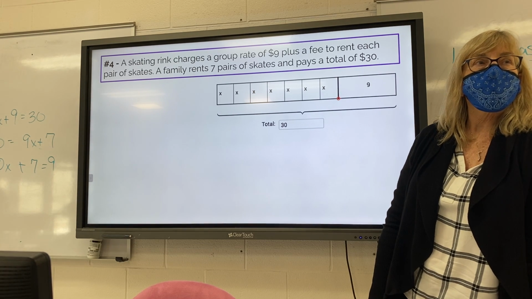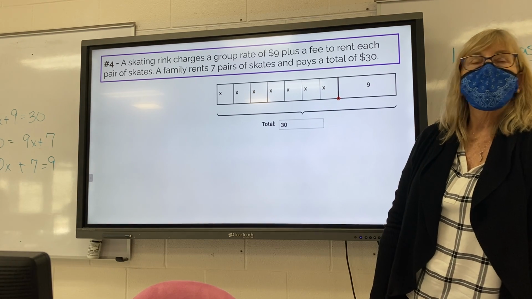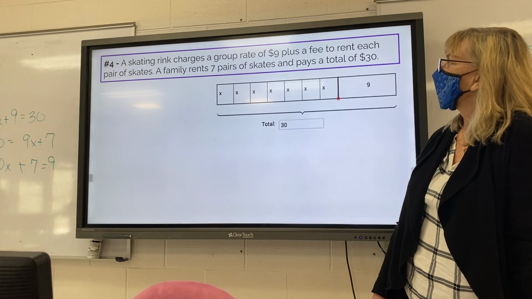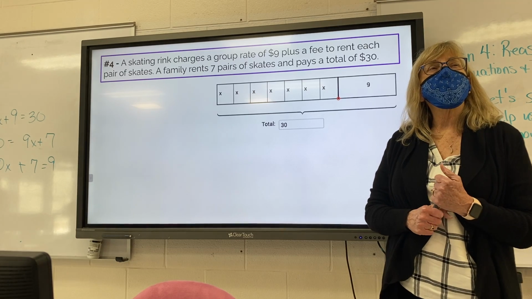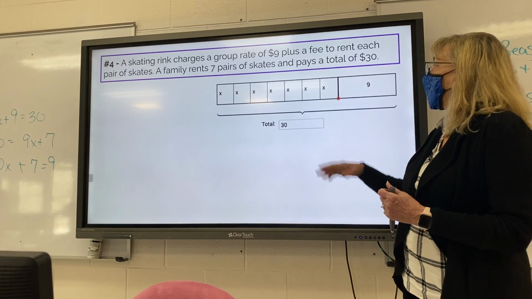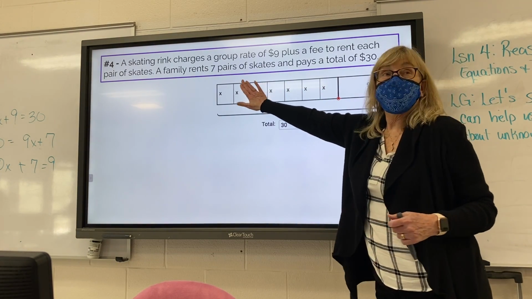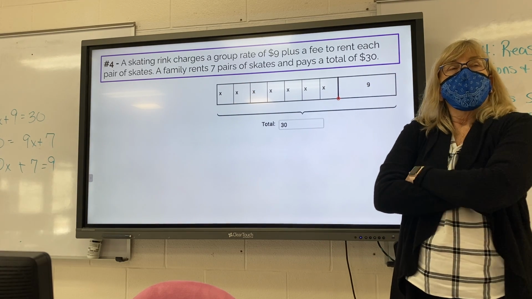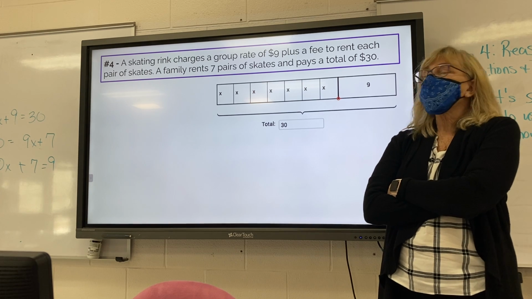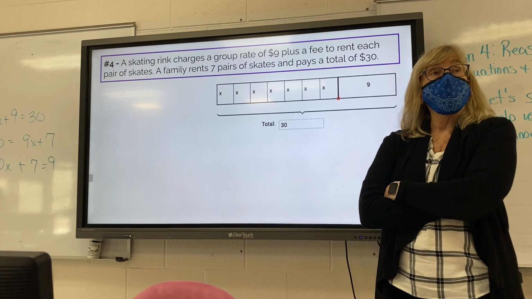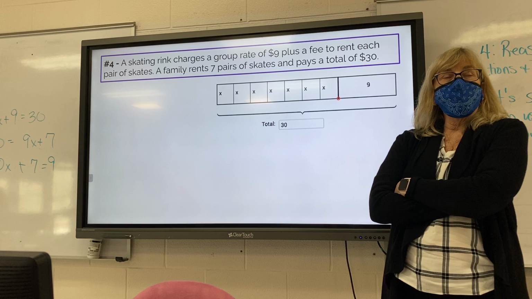Leon, any idea what X is representing? 7. No, wait a minute. 7 what? 7 pairs of skates. There are 7 X's. Okay? So it's not representing the number of skates because we know they rented 7 pairs of skates. So we know that number.